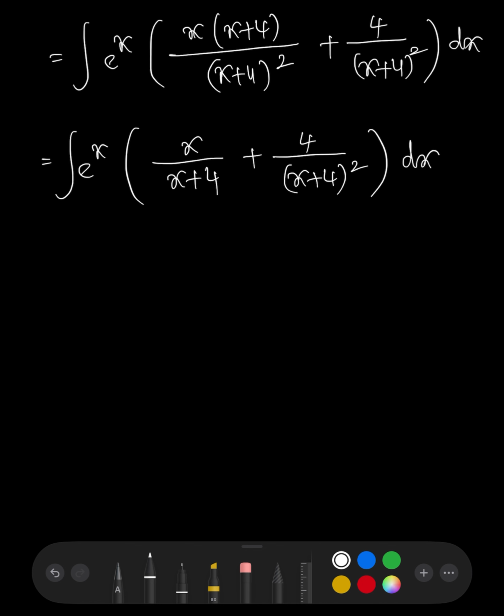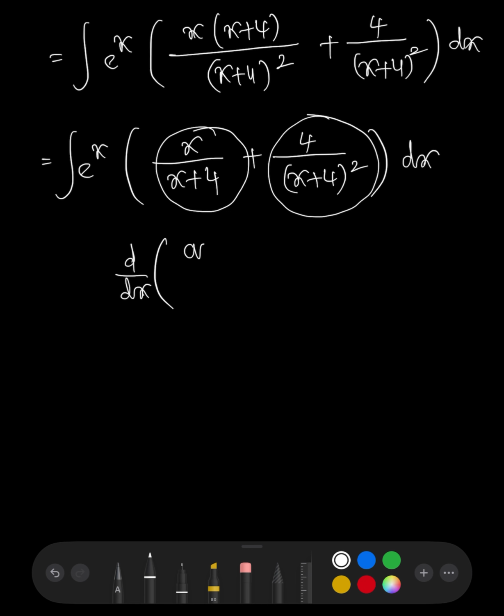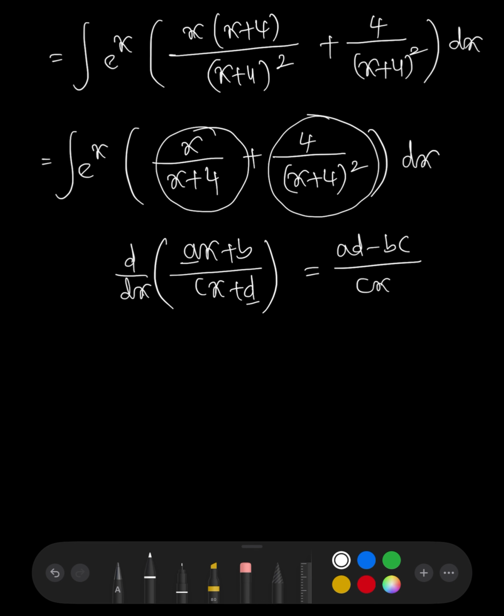Now if you observe this, suppose you take this one as f of x and this whole thing is nothing but f dash of x, because we know the formula d by dx of ax plus b by cx plus d equals AD minus BC by cx plus d whole square.